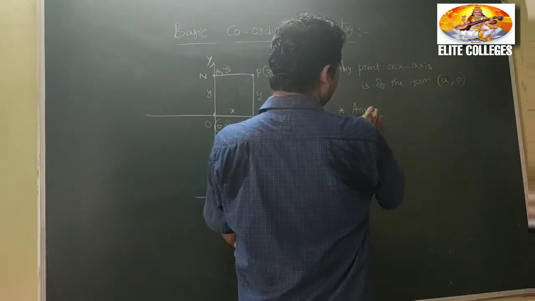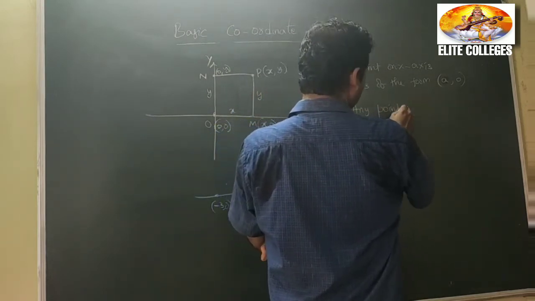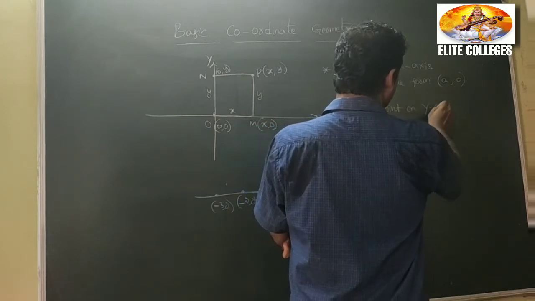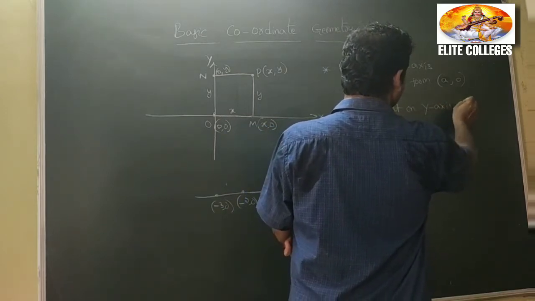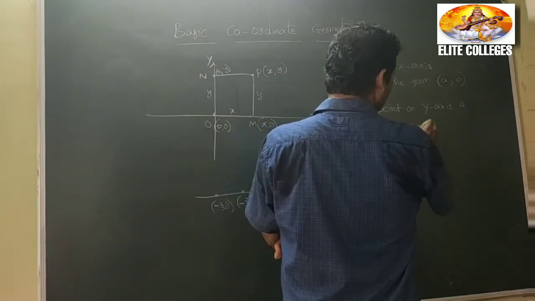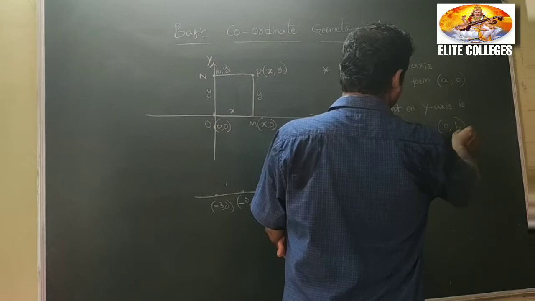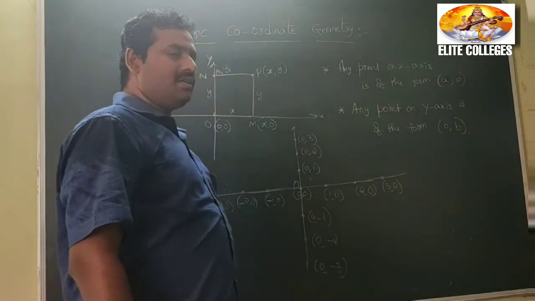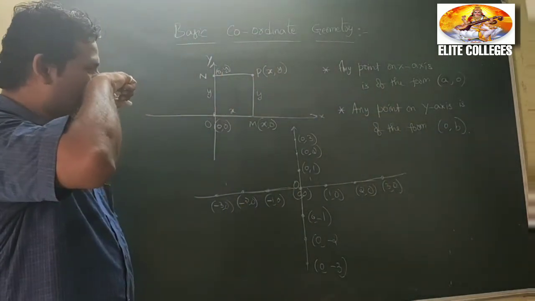Next, any point on the y-axis is of the form 0 comma b.